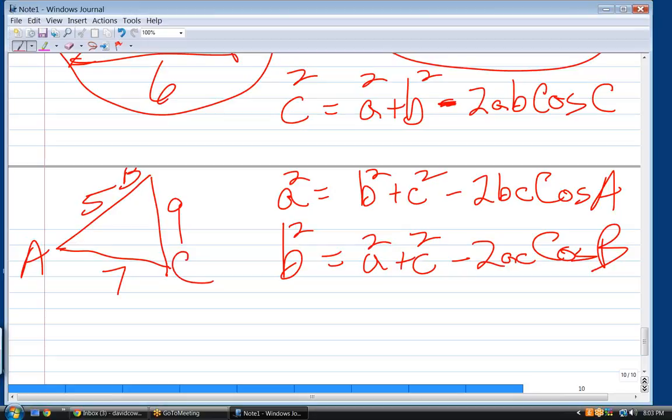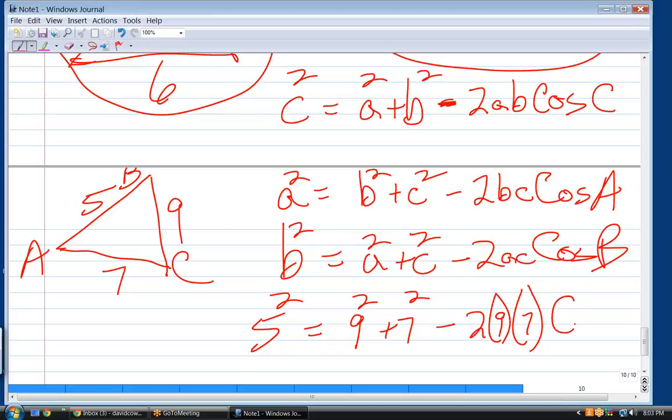So you do 5 squared equals 9 squared plus 7 squared minus 2 times 9 times 7 times the cosine of C. Okay.